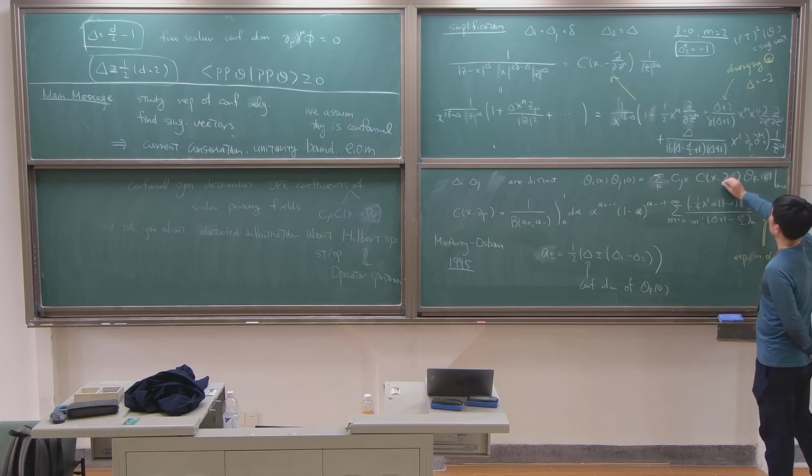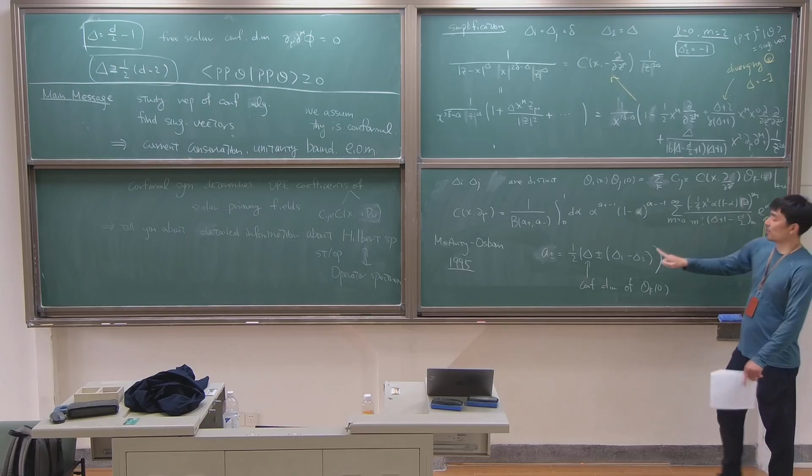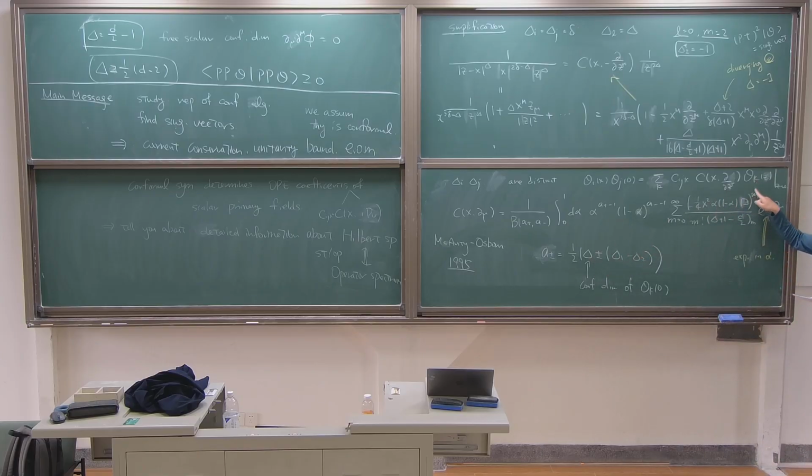This is the derivative with respect to Z, like this. And the delta here is the conformal dimension of O_K. Okay, so then you can have this kind of cross-form expression.